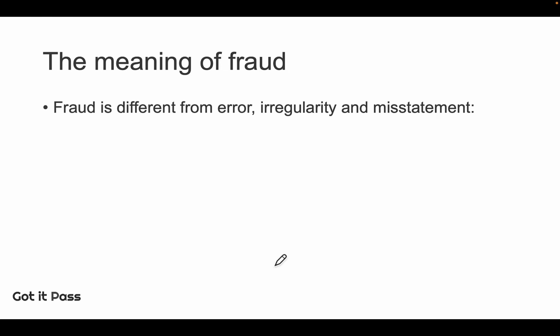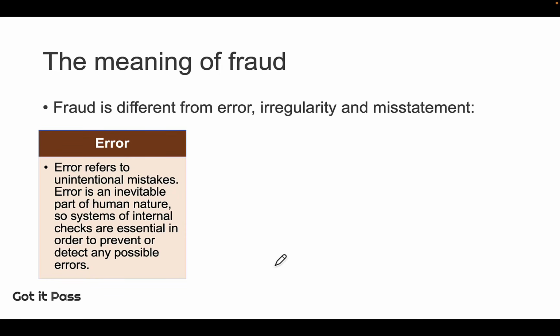Before we go through the prerequisites of fraud, let me explain how fraud is different from error, irregularity, and misstatements. Error refers to unintentional mistakes. In other words, fraud is an intentional act, while error is unintentional, just a mistake.